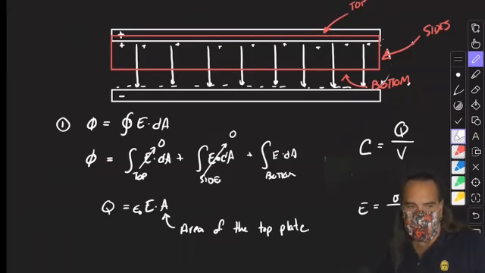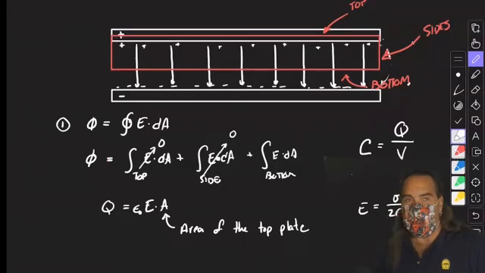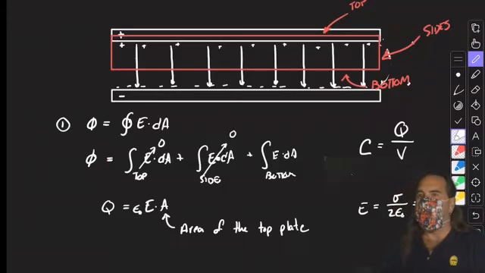Do you remember? 2 epsilon. Thank you. The 2 epsilon came from the fact that the electric field was on both sides of the plate. For a capacitor, we could write this as Q over 2 epsilon A, where Q over A is our charge density.